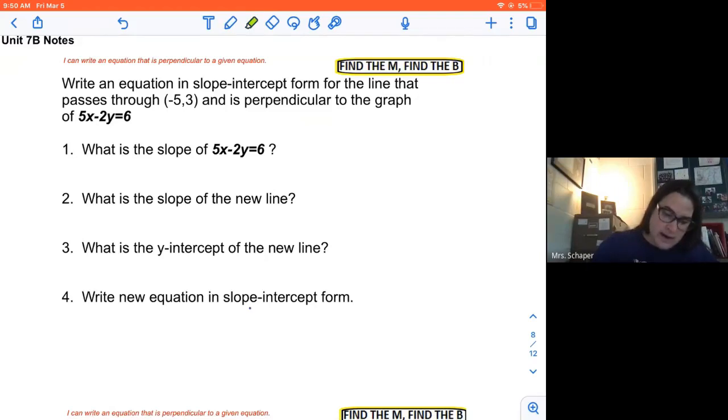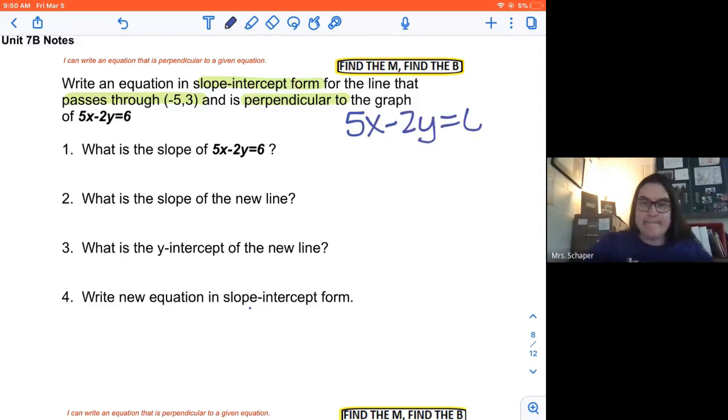All right, so we're going to write slope-intercept form. It passes through (negative 5, 3). This time it's perpendicular. So what we need to do first is write this equation in slope-intercept form. So 5x minus 2y equals 6. So we're going to subtract 5x from both sides.